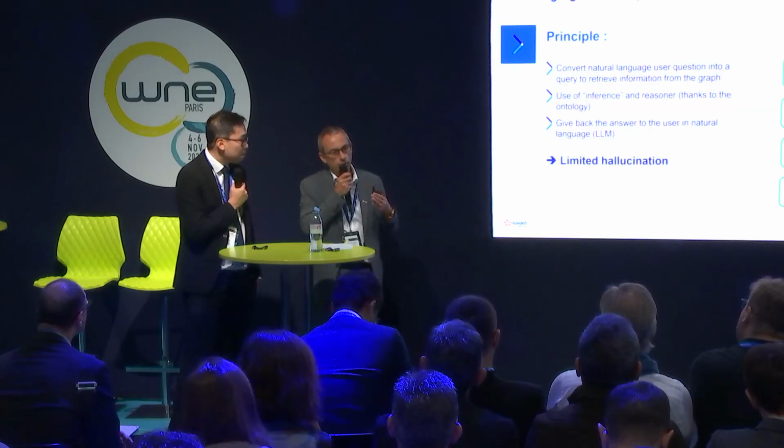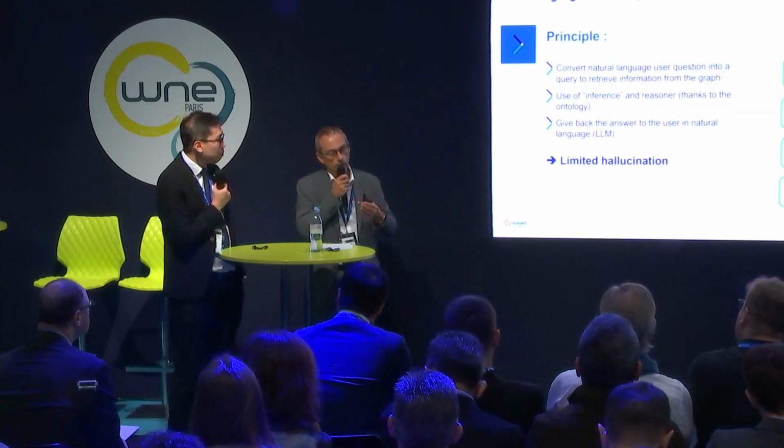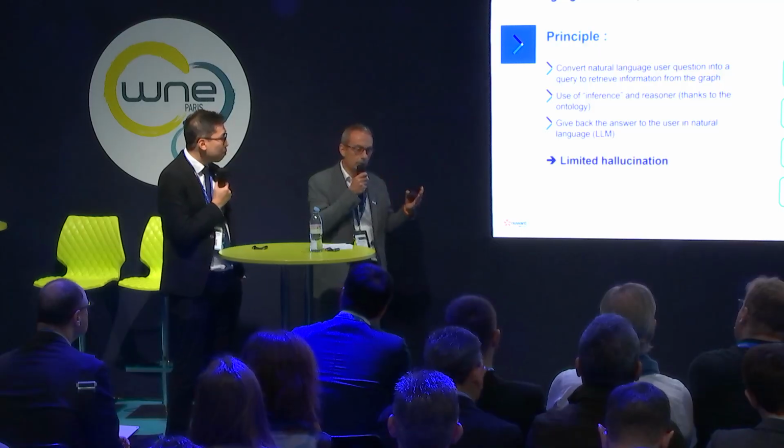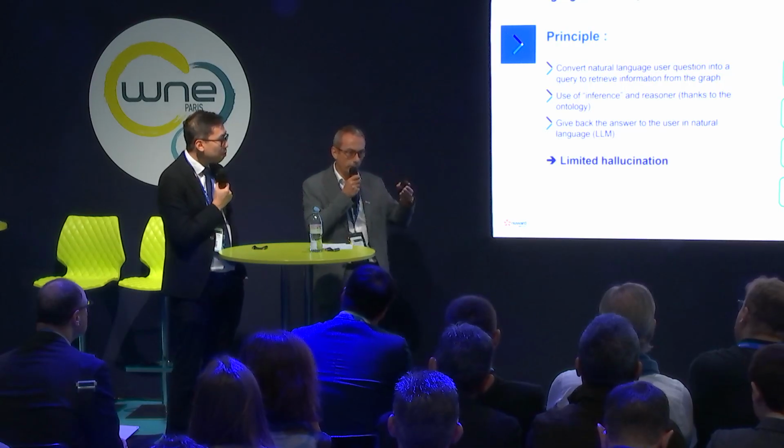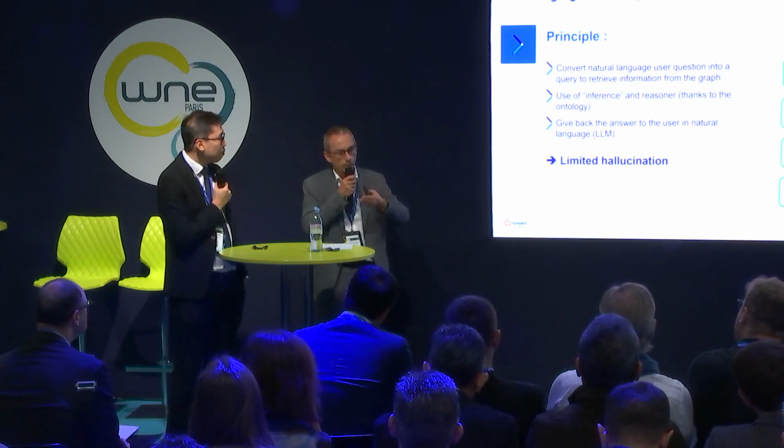Generative AI will allow you to ask the question in natural language. The AI also understands the structure of your graph, the ontology. So it has the ability to transform your natural language into a query that will interrogate the graph and retrieve the data from the graph.